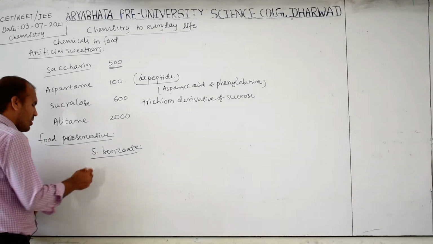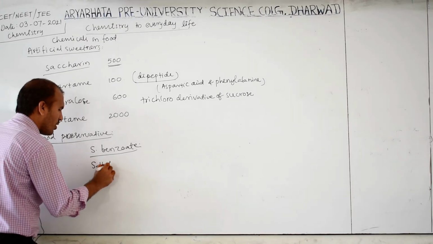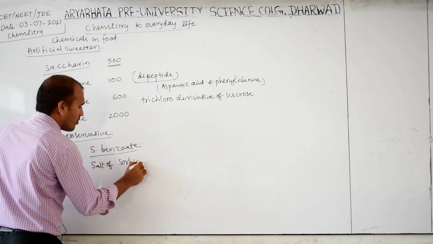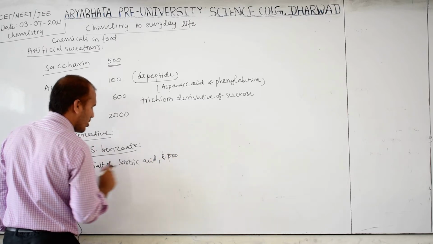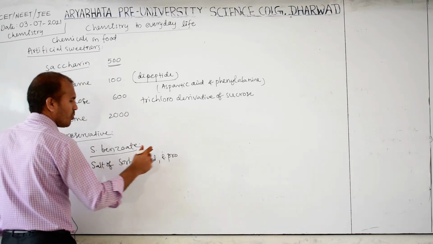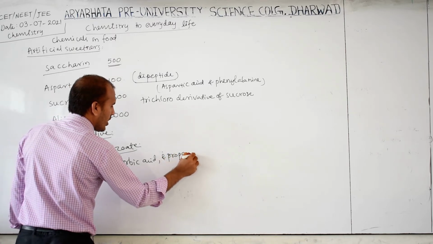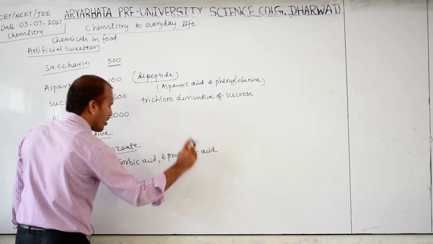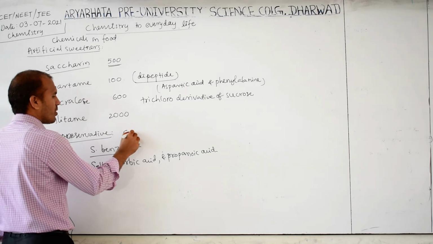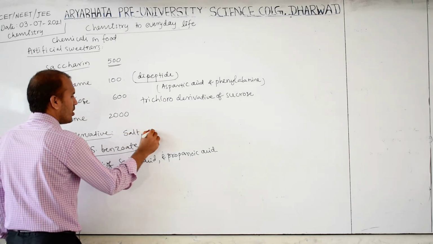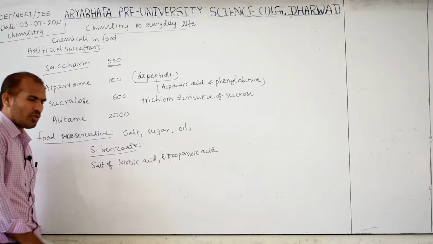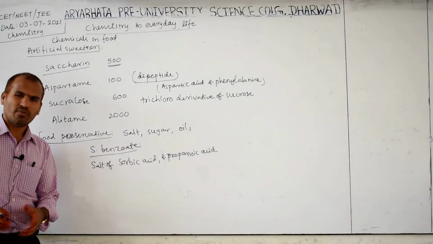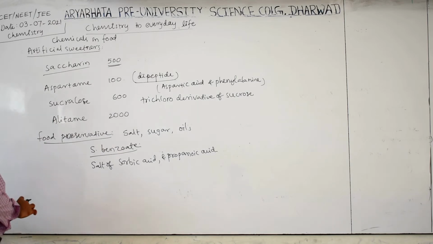And another one is salt of sorbic acid and propanoic acid. These are food preservatives. Here, what are some common food preservatives? Salt, sugar and oils. Which oil? Vegetable oils. So these are the food preservatives we commonly know.